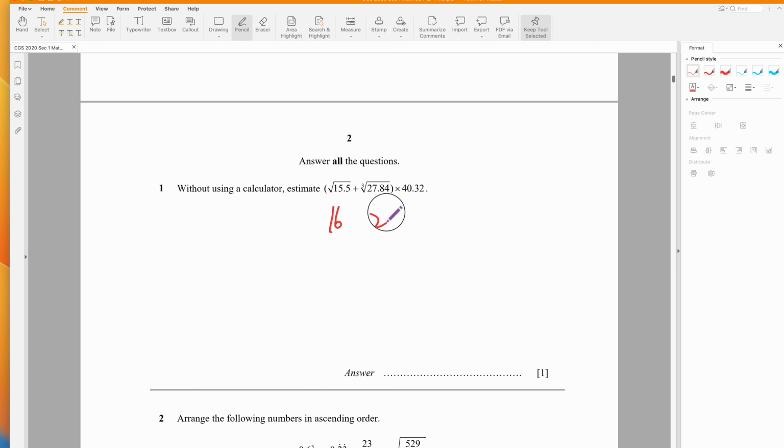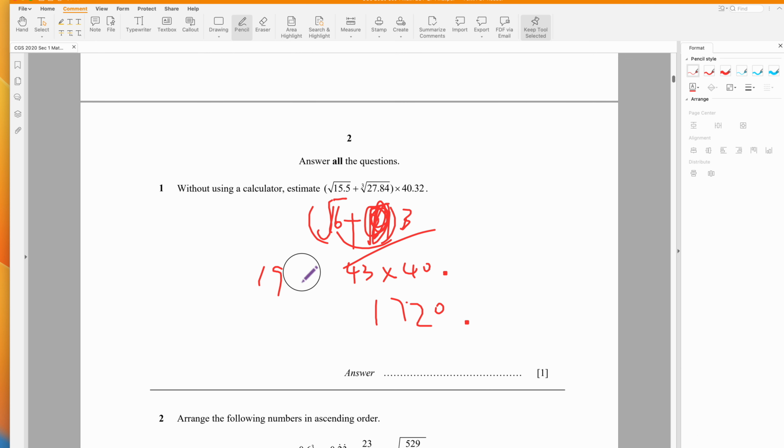Round up, then... Did I make a mistake or you make a mistake? Oh, I make a mistake because I did not write the cube root, so it's 3, so it's 19. I never get the square root, sorry. So it's 4 plus 3 is 7. 7 times this. Okay, good. Yeah, that is good.